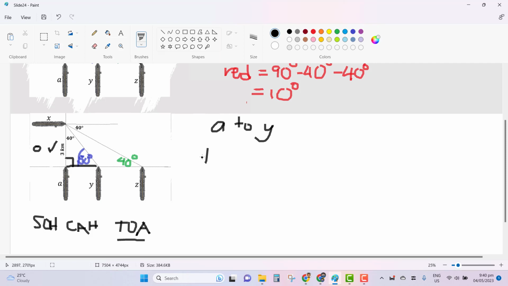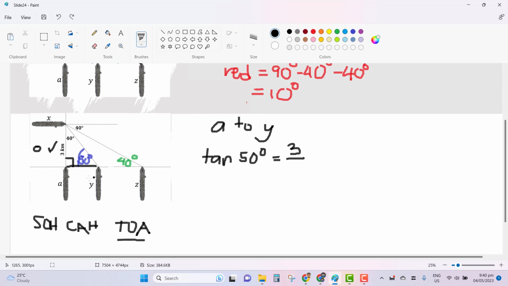So again, using tangent of 50 degrees is equal to your opposite, which is 3 kilometers, over your adjacent side. This is what you're trying to solve.